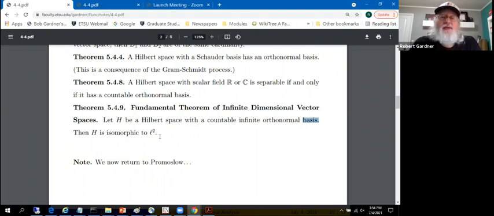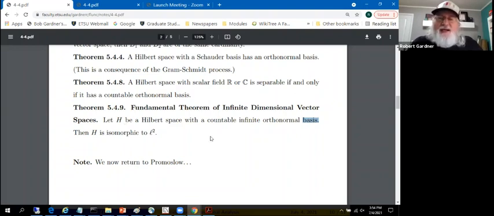Then H is isomorphic to little l2. So I said in the past, we had a fundamental theorem of finite dimensional vector spaces. You give me the scalar field and the dimension, I'll tell you the vector space. And I said we'll have a fundamental theorem of infinite dimensional vector spaces, which would guarantee, if we're dealing with an infinite dimensional vector space with a layer of details, then I can tell you what that vector space is.